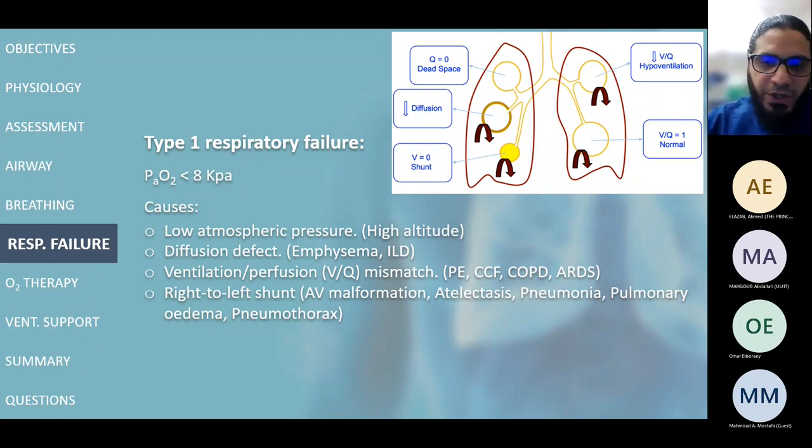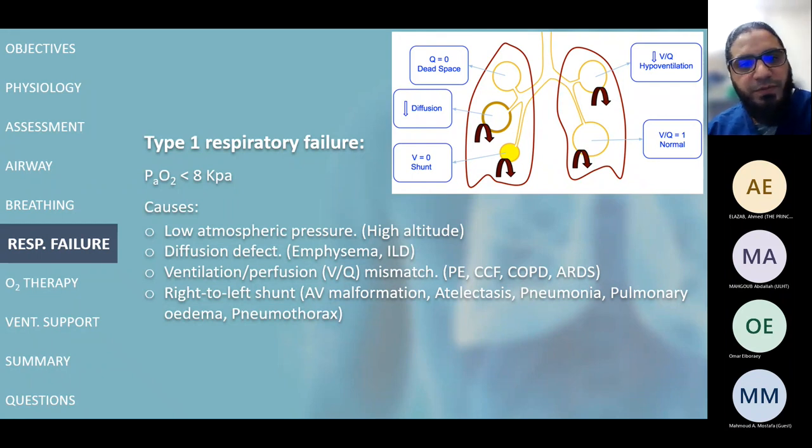There is a wide variety of causes that can lead to type 1 respiratory failure, but I've tried to summarize them in 4 main categories. If we take it from outside inwards, low atmospheric pressure or low FiO2, like in high altitude, can cause type 1 respiratory failure.